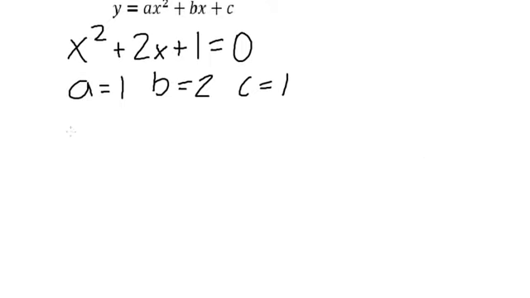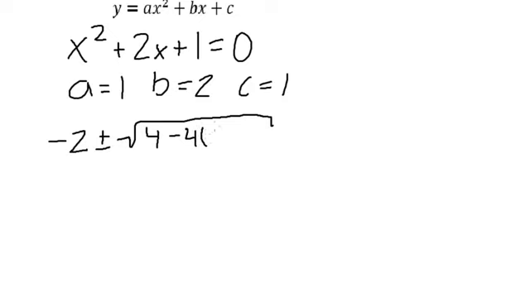Remember, the quadratic formula is negative b, so in this case negative 2, plus or minus square root of b squared, which is just 4, minus 4 times a times c, so 1 times 1, which is just 1. So all this cancels out into 0.